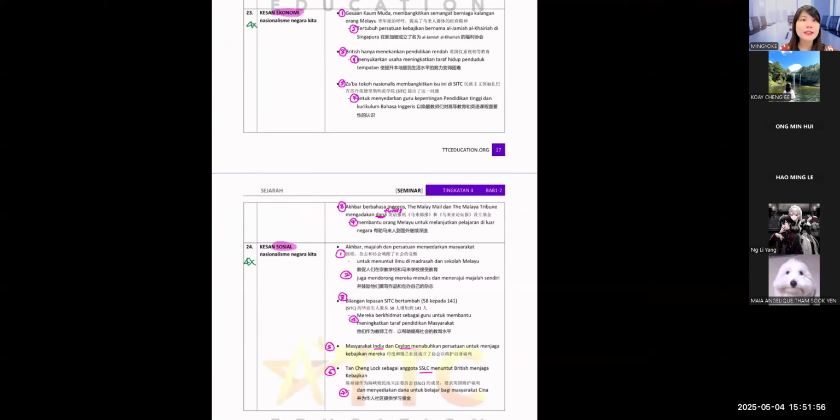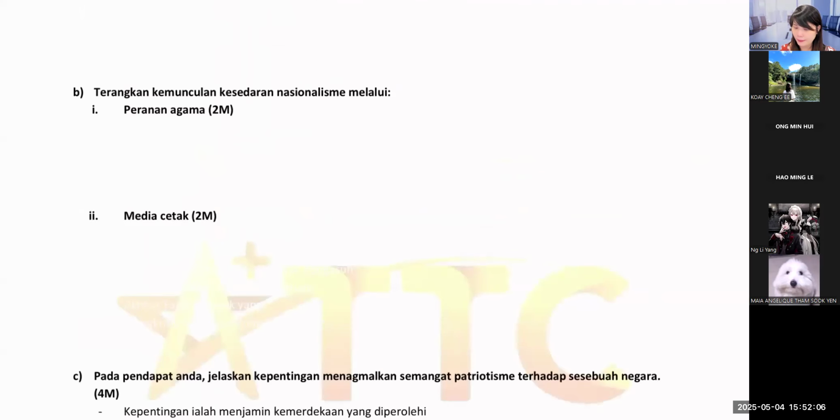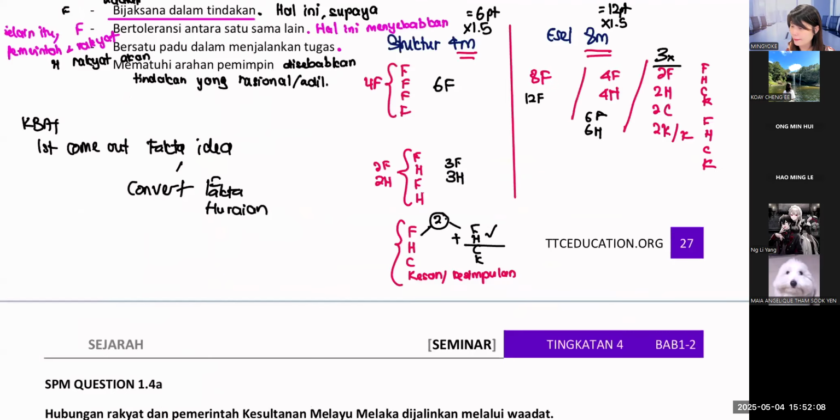And especially you may say, then teacher, how many points do I need to remember? Minimum 4, at least minimum 4, because in exam, they may come out like that. For example, I show you.